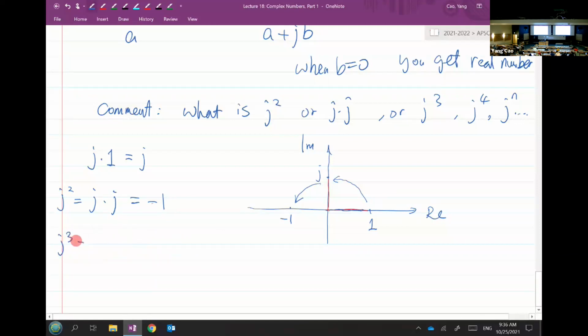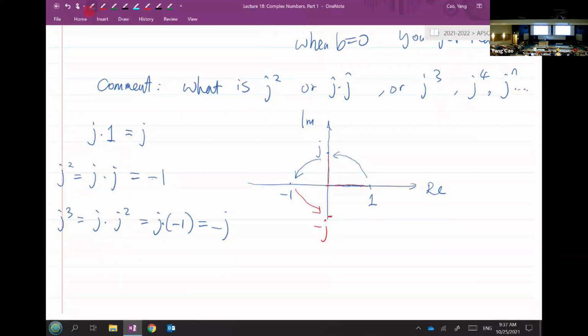So j cubed equals j times j squared equals j times -1, which gives you -j, right? And -j is right here. So now you got another 90 degree rotation.